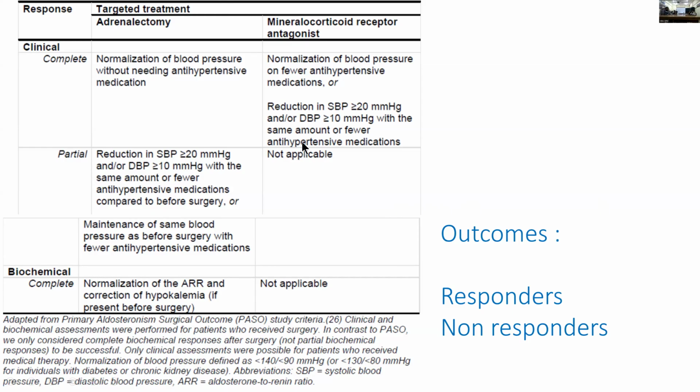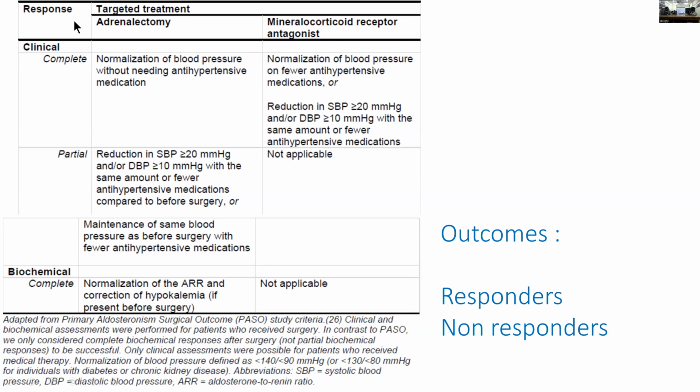So they had defined response based on what treatment the patient got. If suppose they had surgery, they had complete responders whose BP normalized without requiring medicine. Then they had definition for partial, that is reduction in the BP or reduction in number of drugs. For people on drugs, the response was any reduction in BP or the reduction in the number of drugs.